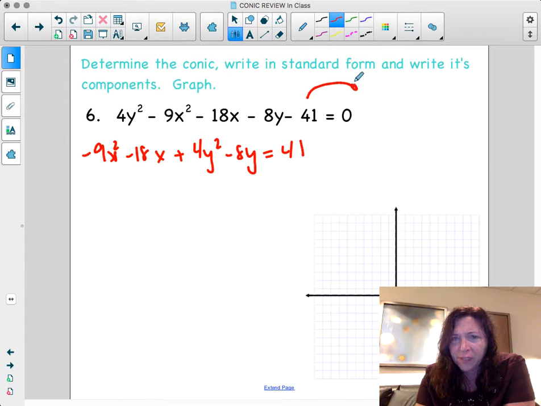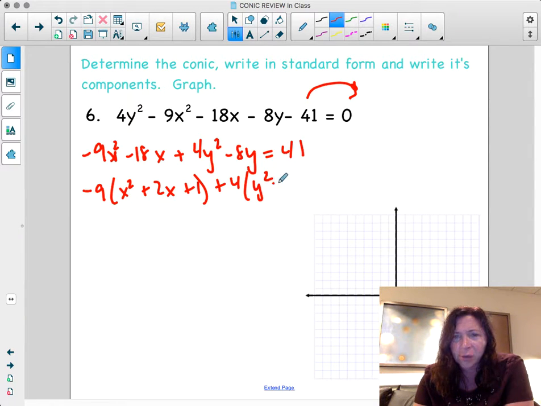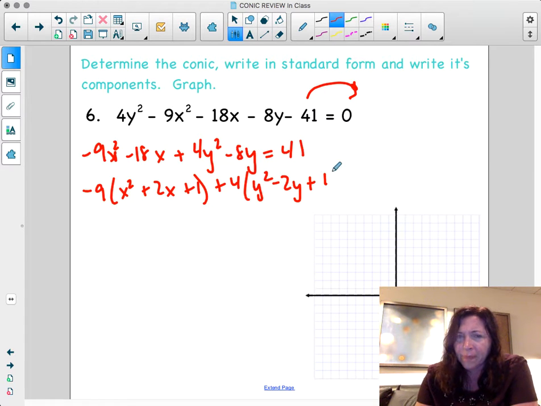I'm going to move this over to the other side because it's not with anything else. We're going to factor out the negative 9. So when I do that, I end up getting x squared plus 2x. Half of 2 is 1. 1 squared is 1. I'm going to factor out a 4, and I get y squared minus 2y. Half of 2 is 1. 1 squared is 1.